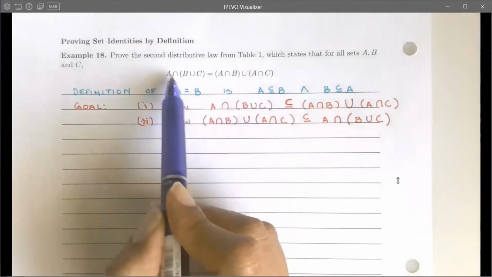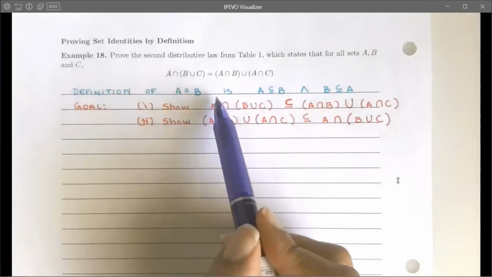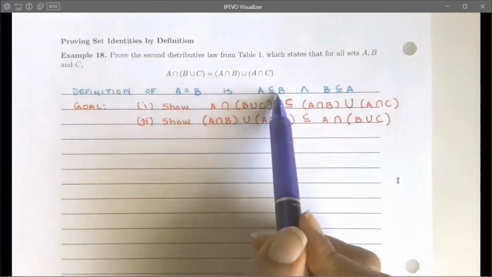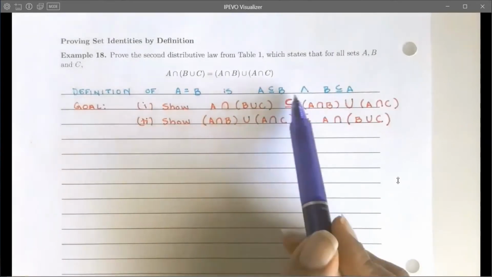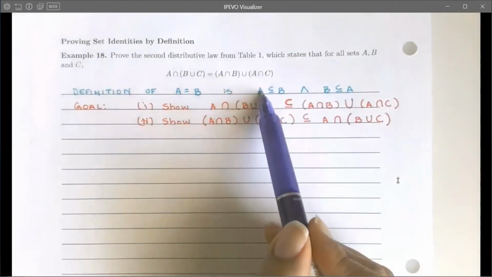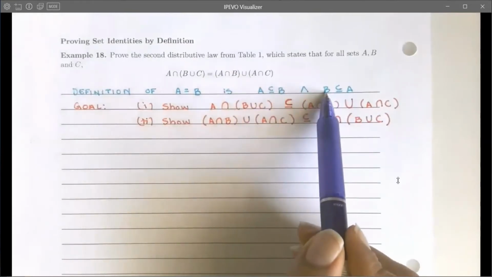I'm just saying in general, if you want to show that two sets are equal, then by definition that means that A has to be a subset of B and B has to be a subset of A, meaning every element that is in A is found in B and every element that is in B is also found in A.